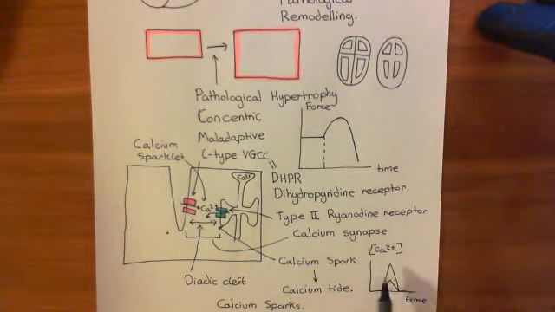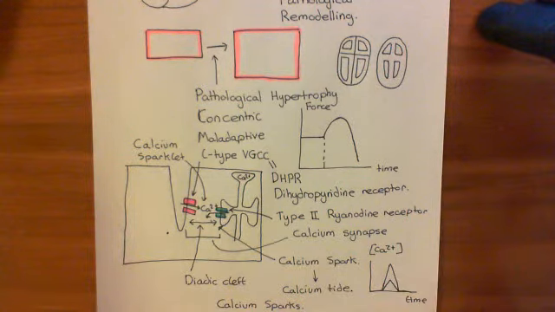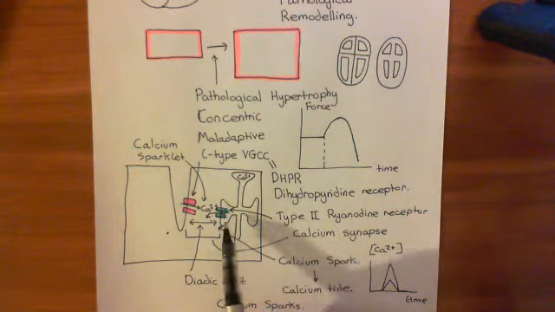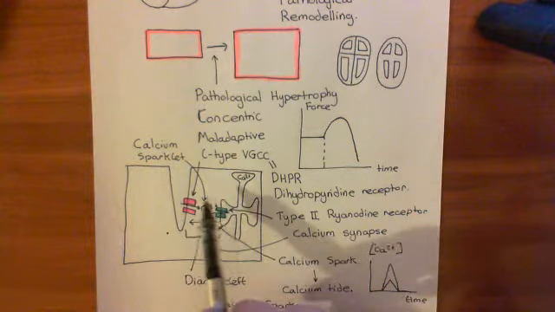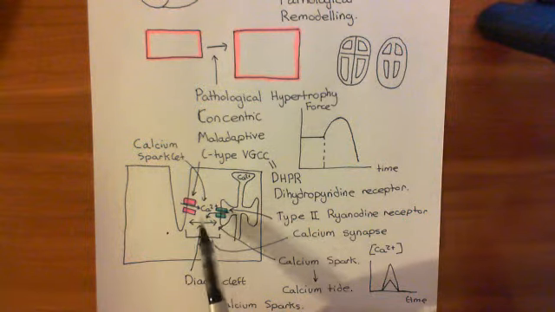So that's one of the contributing factors to this, but let's now look at the actual factors within the excitation contraction coupling which contribute to the reduced calcium tide. Okay, right, so basically you could have defects in all of this machinery here, and that would lead to lower calcium sparks.